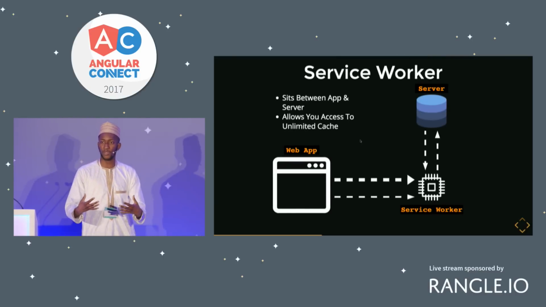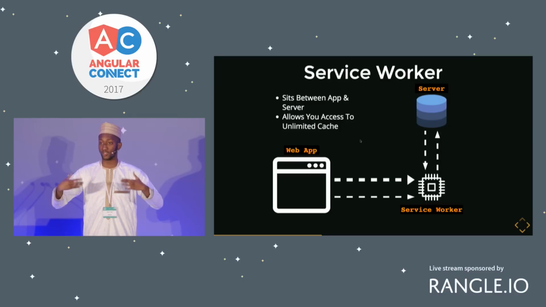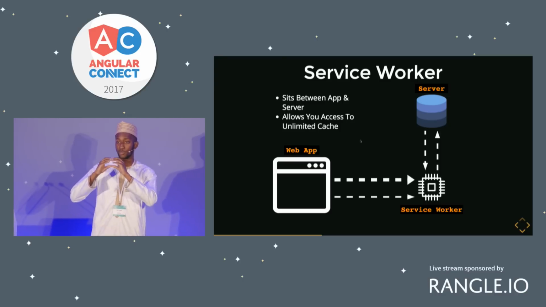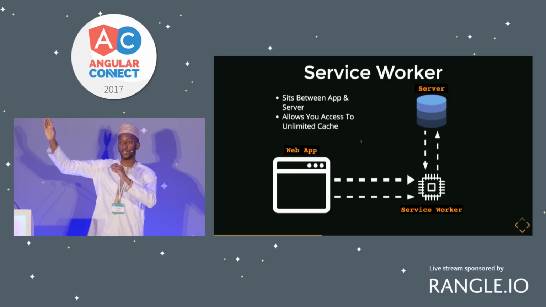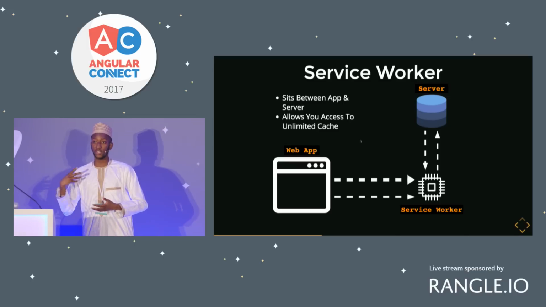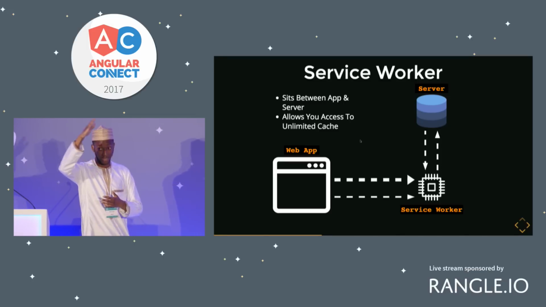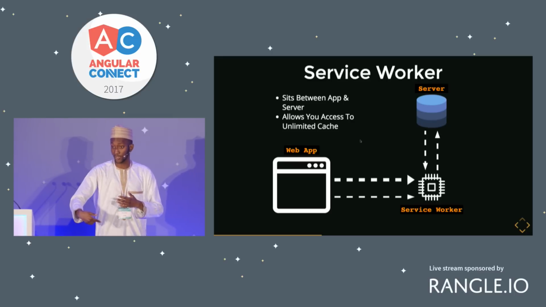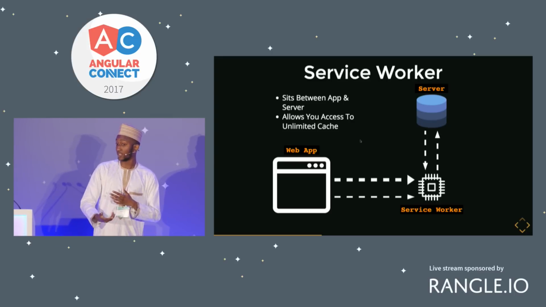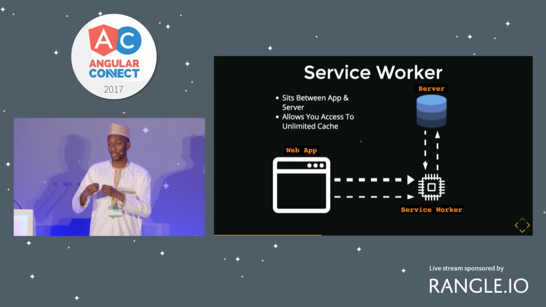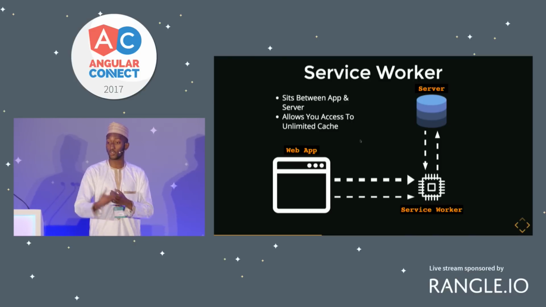In case you're not familiar with what the service worker is, it's a new browser standard that sits as a proxy in between the server and your application. So when you send network requests, they go through the service worker first and then go to the network. And when they're coming back, they go through the service worker first and then into your app. Now, why is that really cool? That means now you can actually work offline and you can cache a lot of data.